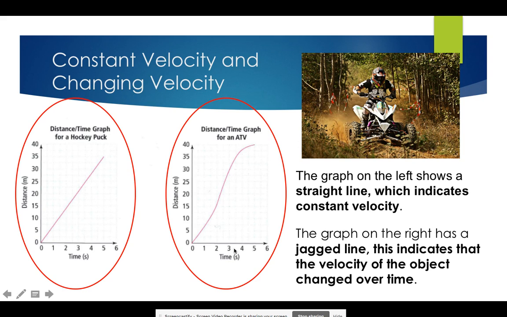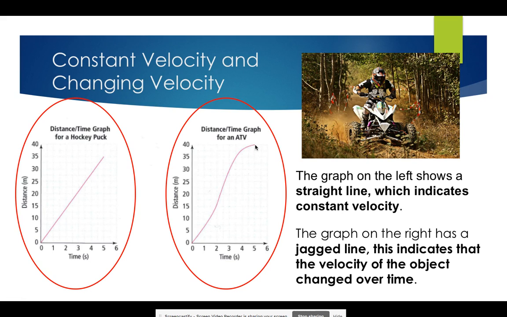So you can see that at the 3 to 4 second mark, I traveled, give or take, from the 30-meter mark to, let's say, the 37-meter mark. So I traveled about 7 meters. However, from the 4 to 5 second interval, I only traveled from 37 to 40, so only 3 meters.